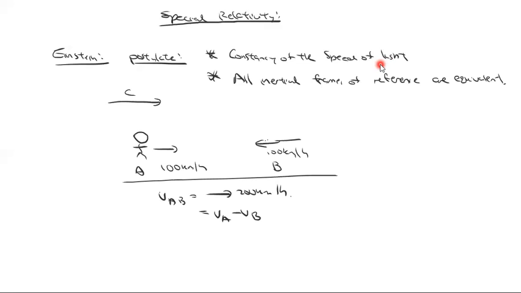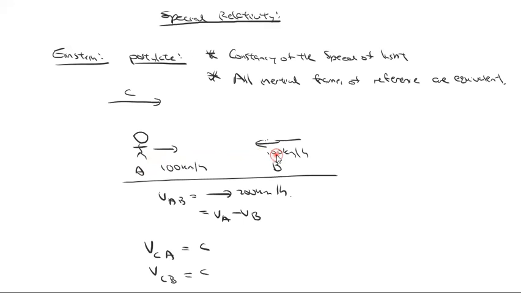But we're not saying that the speed of light is just some number, 3 times 10 to the 8, in that way. What we're saying is that no matter who looks at light, the velocity of light relative to A is c, and the velocity of light relative to B is c.